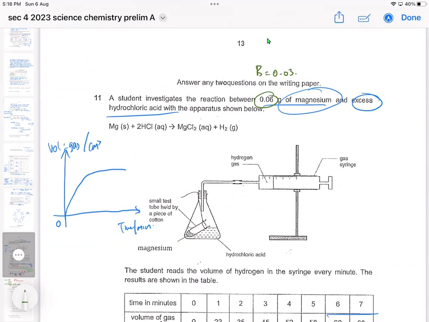So I expect the volume of gas produced will be half, because remember, magnesium here is the limiting reagent. So the amount of gas you get should be half, but the rate of reaction should be the same because nothing has changed. So from here, same gradient. This is our graph B. This is the original. Okay, that's all.